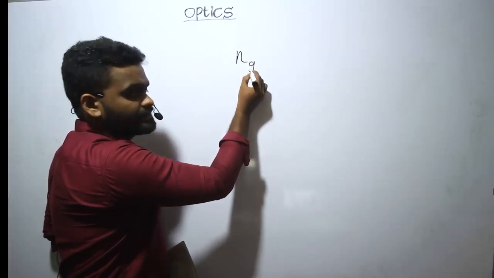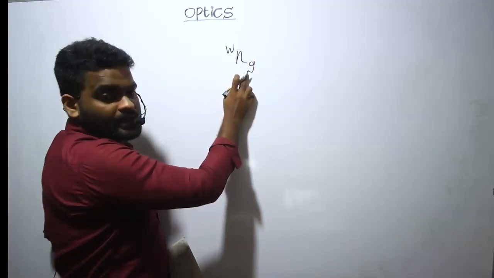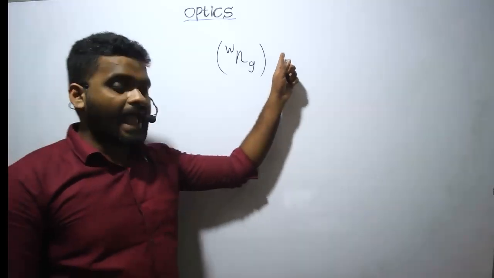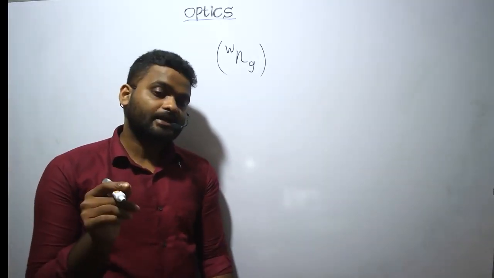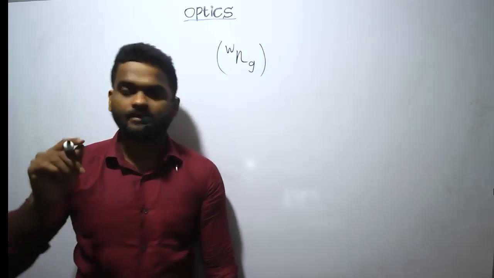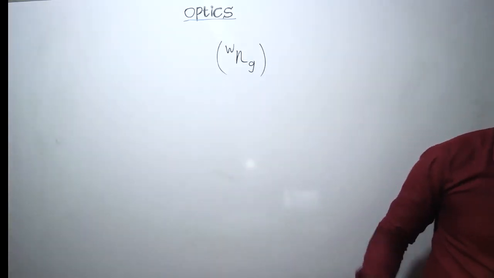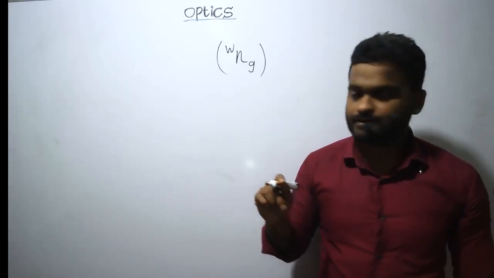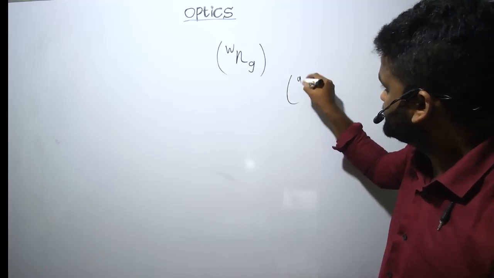So refractive index of glass relative to water, this is how you write it. And refractive index of water relative to glass, within brackets, right? GW.